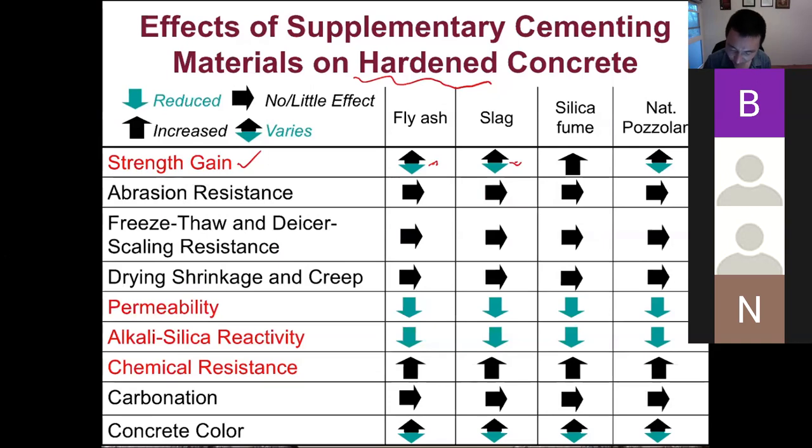For silica fume, both early age and the final strengths will be higher. Permeability, most of them will reduce permeability, so increase the resistance to alkali-silica reaction, and chemical reaction resistance will also be increased. So mostly by adding SCMs, the hardening property of concrete will be enhanced in general.